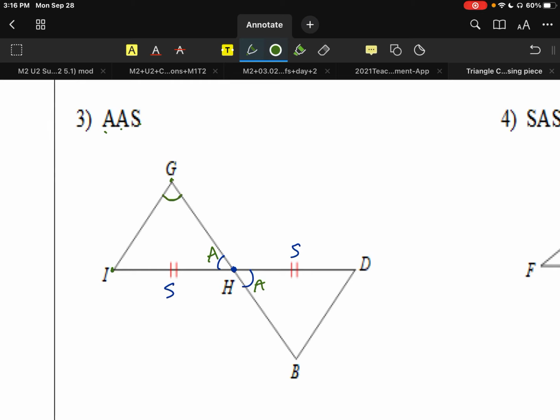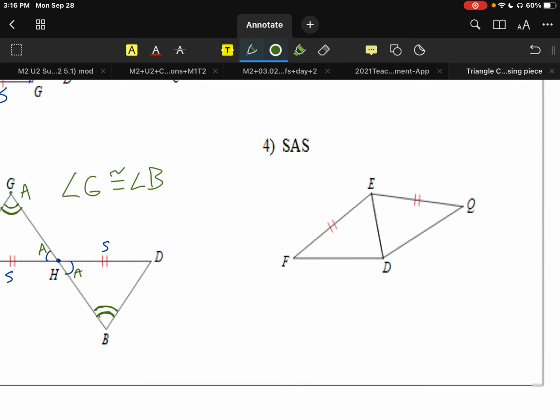So this is going to be my congruent angle as well as angle B. That's the farthest away. So when I mark it, angle, angle, side, I have it. Now I'm going to write my statement. So angle G has to be congruent with angle B. That's what we need.